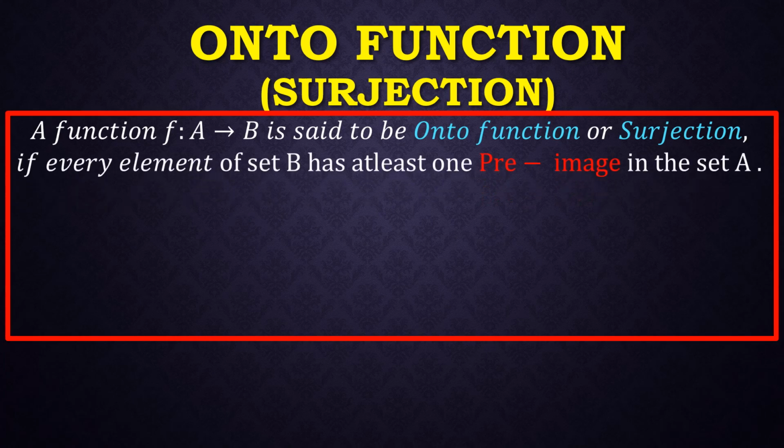Here the function f contains one type of condition, that is we observe every element of set B has at least one pre-image in the set A. Here we observe in the codomain set every element of set B has at least one pre-image which exists in the domain set A. This condition holds for the function f, then that function is called onto function.